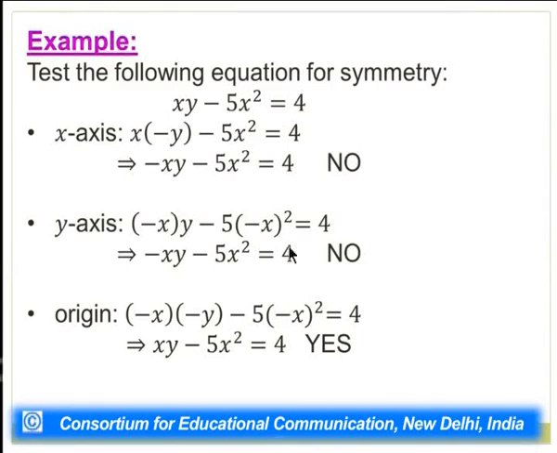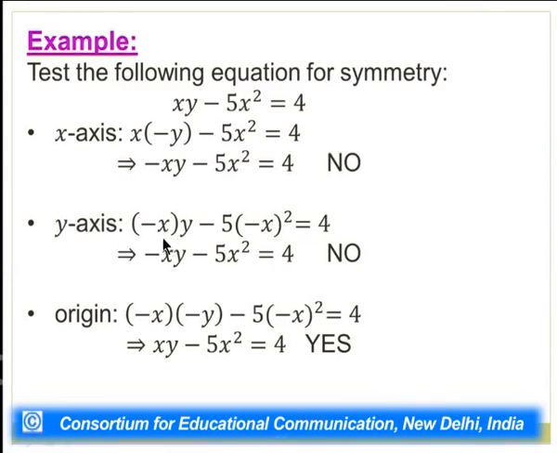So now if I replace y by minus y, I'm going to get x times minus y minus 5x square is equal to 4, and clearly that would mean that I'm going to get minus x times y minus 5x square is equal to 4, and this is clearly not the same as the original equation that we started out with. So this equation is not going to give you a graph that is symmetric about the x-axis. Okay, for symmetry with respect to the y-axis, we will replace x by minus x now.